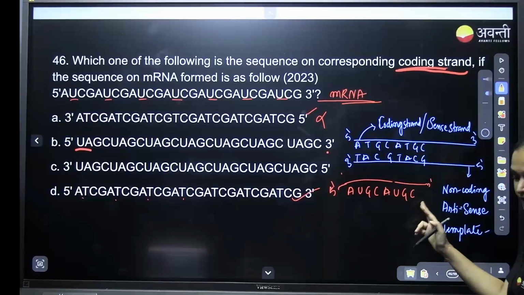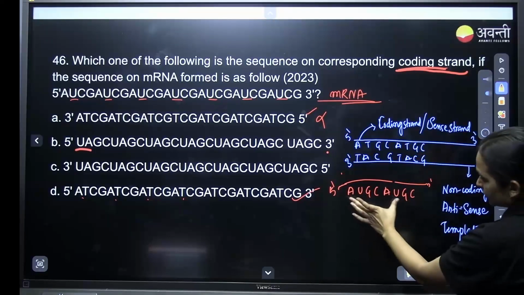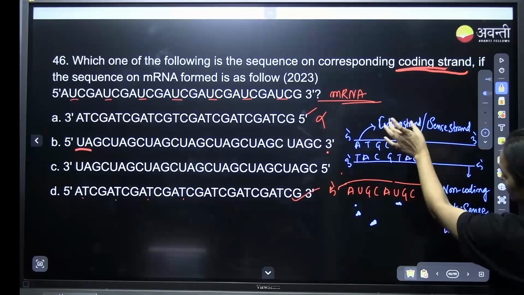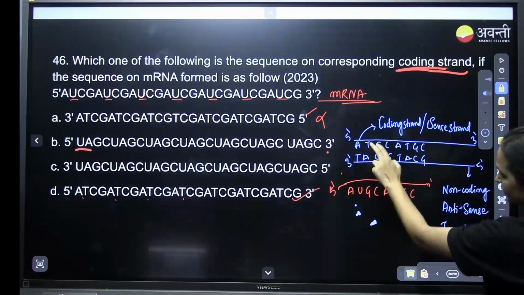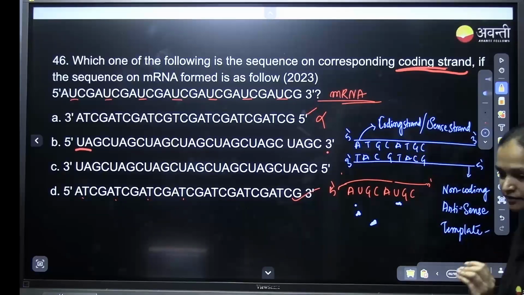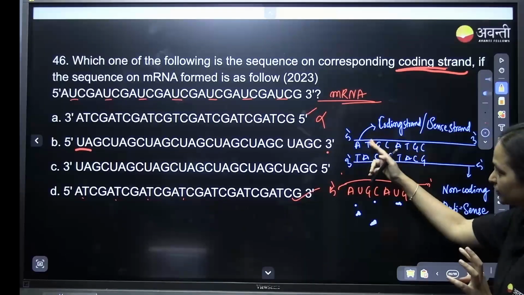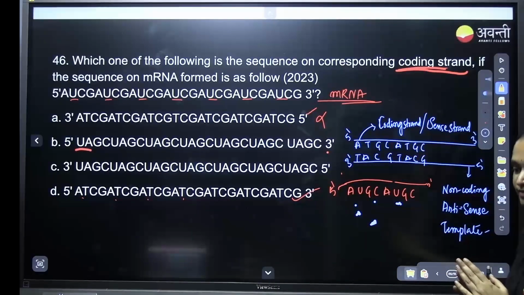Okay, this is the mRNA. If you look at this particular mRNA, 5 prime to 3 prime, it is the same as the coding strand, but there is U in place of T. Understood? So the mRNA is the same as the 5 prime to 3 prime coding strand.